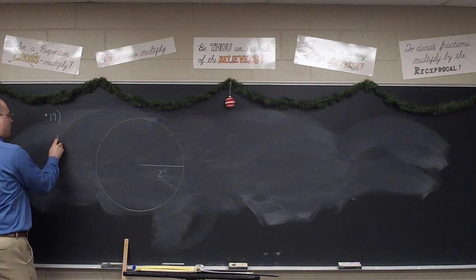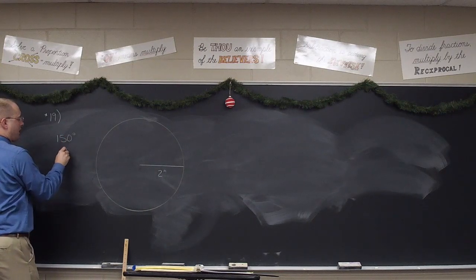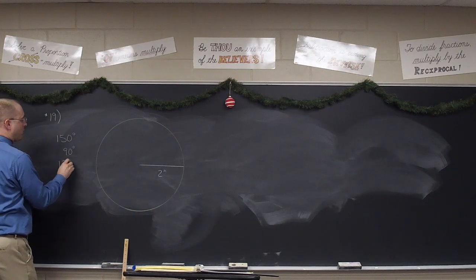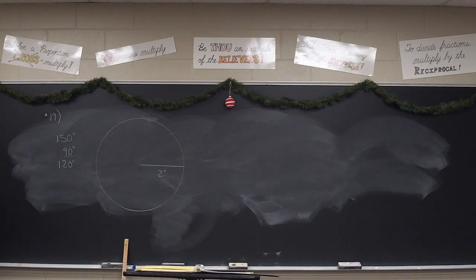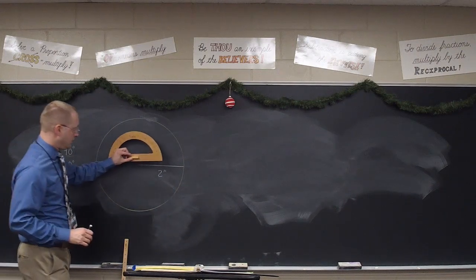They want you to construct a 150-degree angle, a 90-degree angle, and a 120-degree central angle. Of course, these 3 angles have to add up, class, to 360 degrees in the circle. So at your seats, go ahead and draw these 3 central angles in your circle.